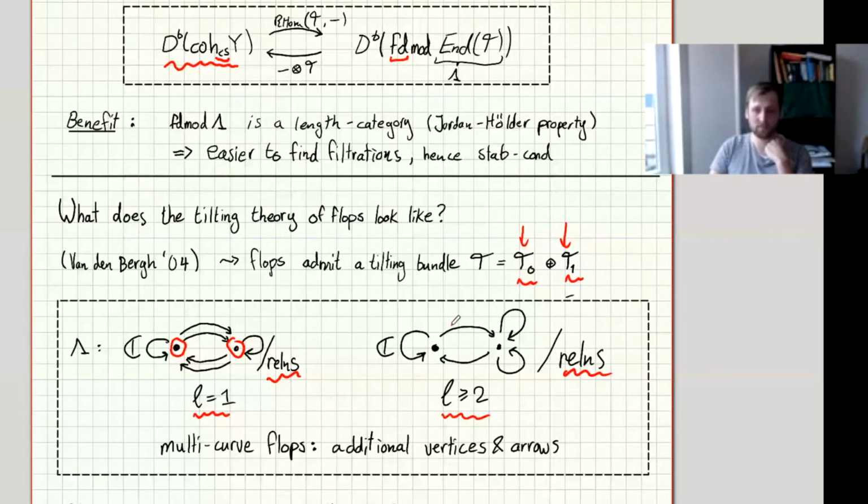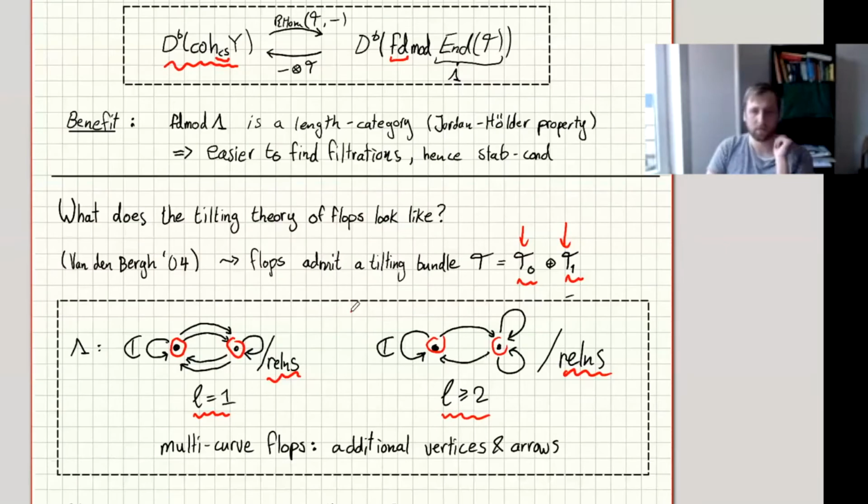For higher lengths, these will look something like this. Again, two vertices and some arrows. So instead of studying the geometry, we can study these quiver algebras. And that's often very useful.